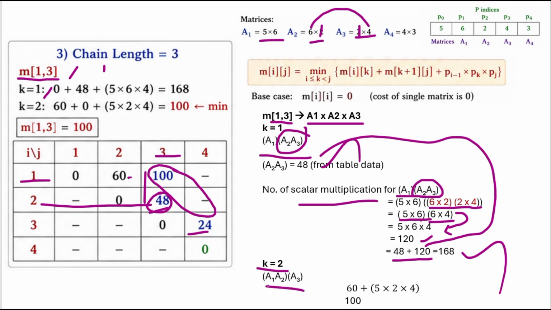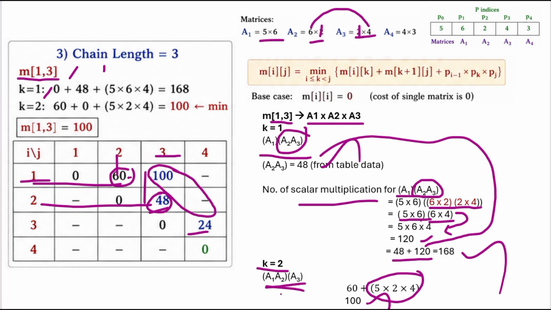A1, A2 and A3. So for A1, A2, the value from the table is 60. So 60 plus the number of scalar multiplications of this matrix.